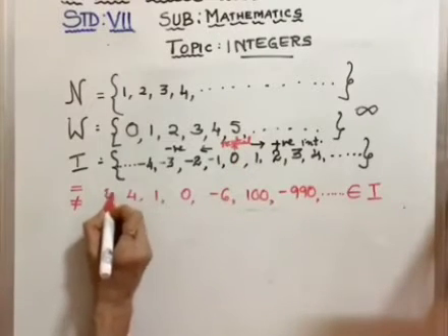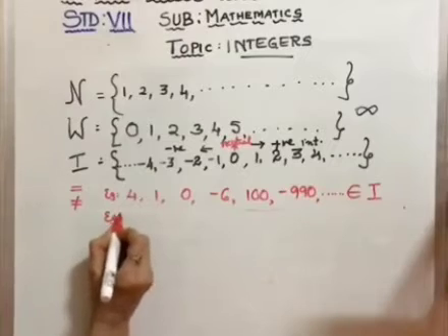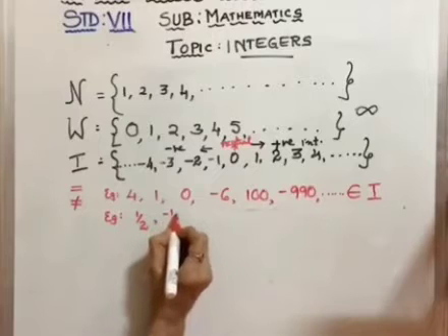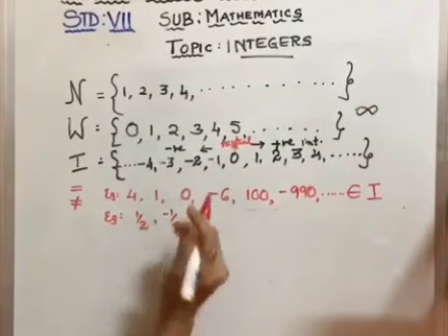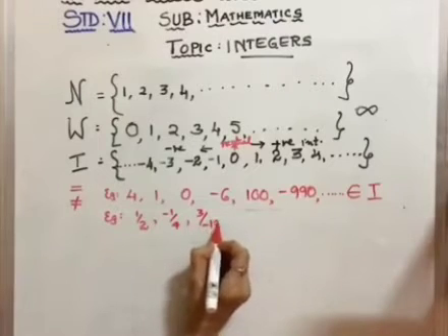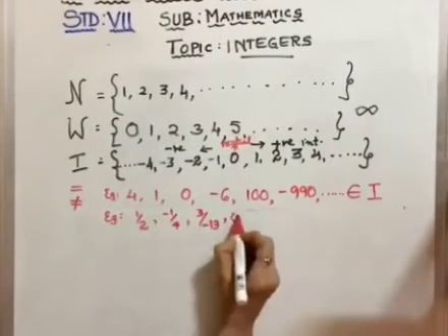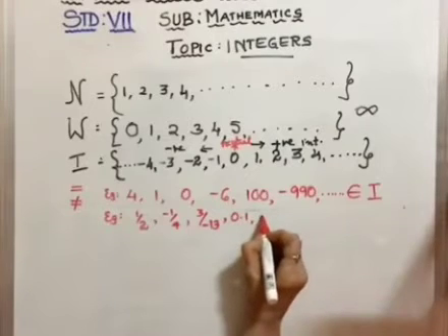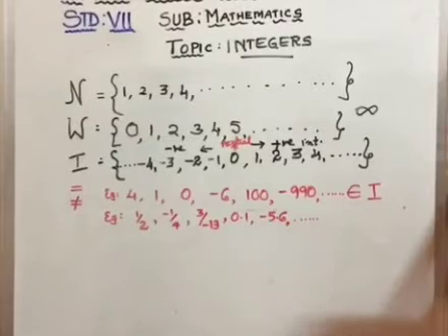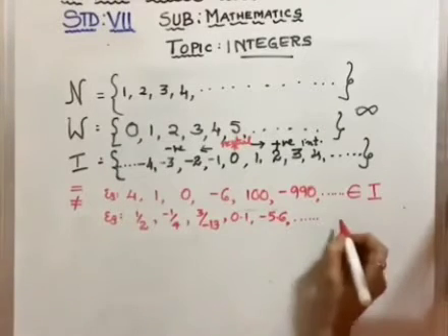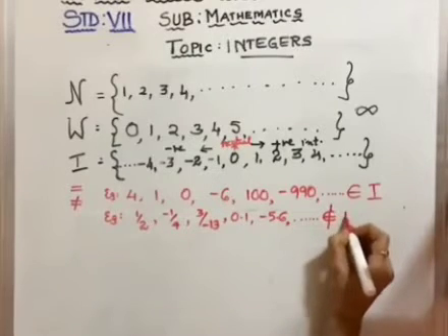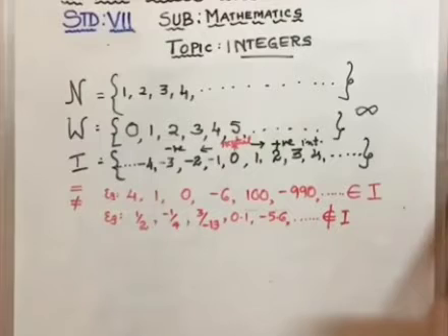For example, half, minus 1/4 on the negative side, 3 by negative 13, 0.1, negative 5.6, and so on. All these numbers do not belong to the set of integers.